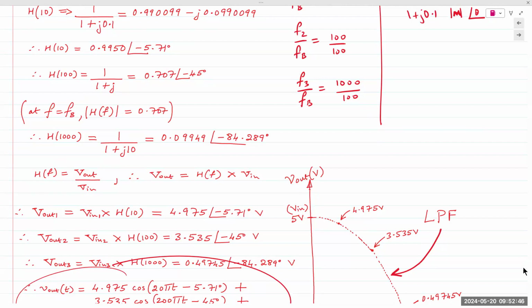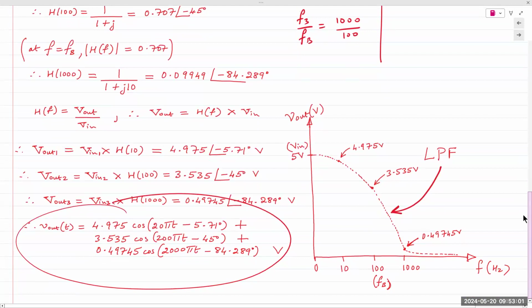That is the transition point between the two. That is the borderline between the pass band and the block band. So that's the point where the output voltage drops to 70% of the input voltage. You remember, it's 0.707 times V in.